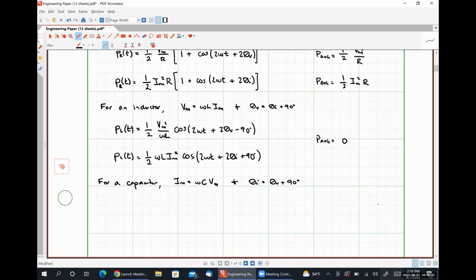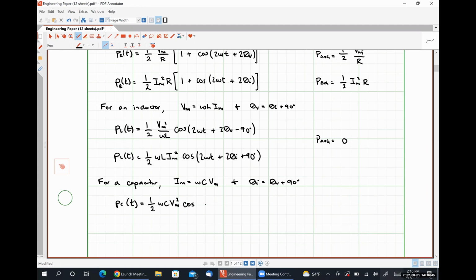Using these relationships, we find that the instantaneous power absorbed by a capacitor is 1/2 omega C times Vm squared. When we do cosine of theta V minus theta I, this is going to look like cosine of negative 90 degrees, which is also 0.